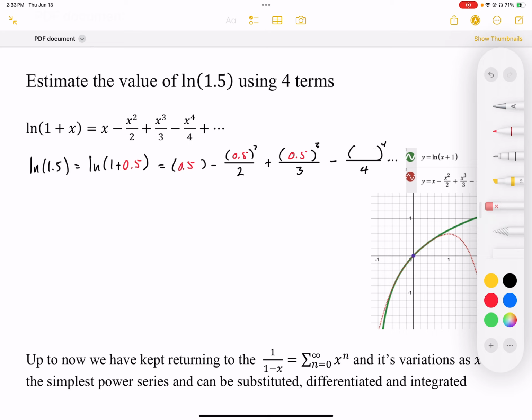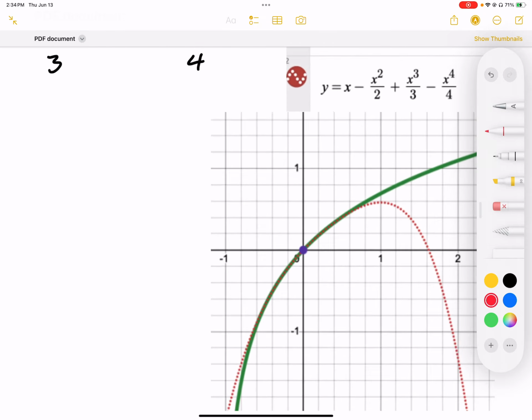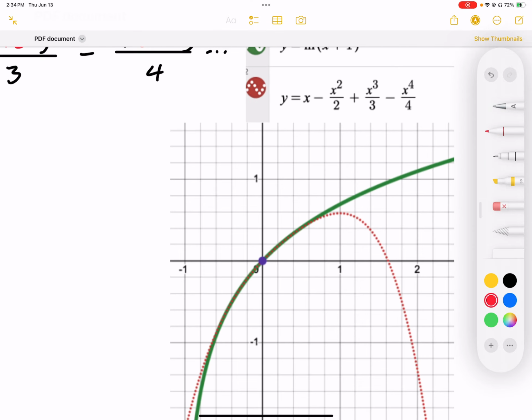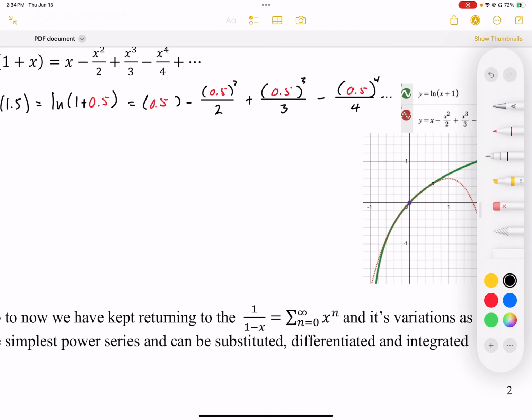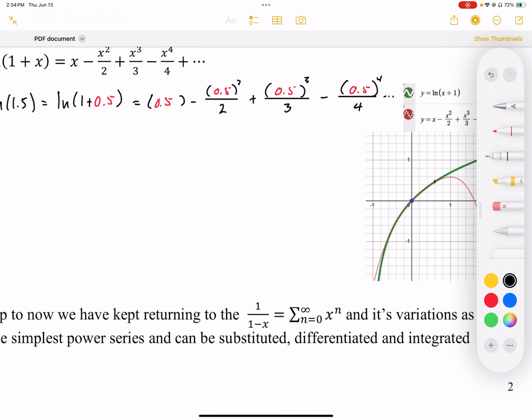And if you take a look at the graph, near 0.5, those two graphs are very close together. So we should expect a pretty good approximation based on that polynomial.